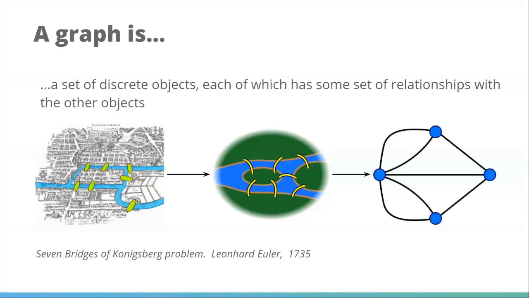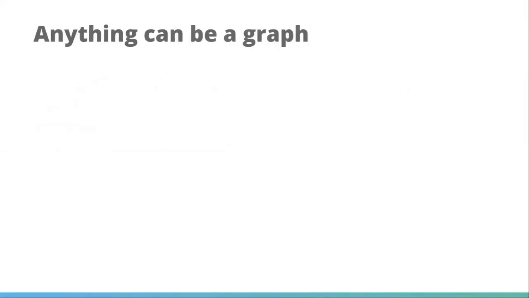And he simplified that down to identify the land masses as these discrete objects and the bridges between these discrete objects as the relationships, the connections between them. So absolutely anything can be a graph.